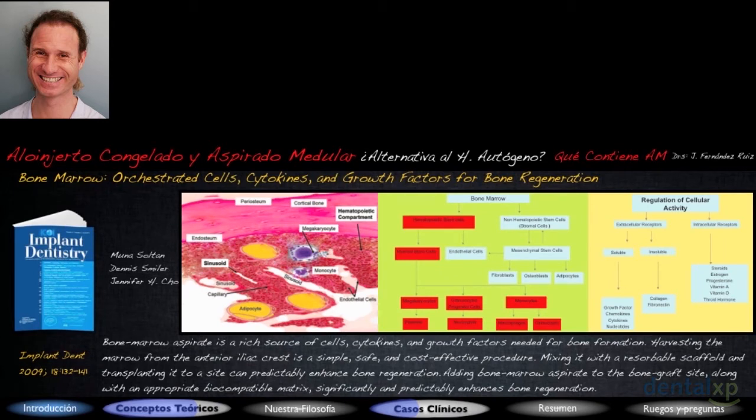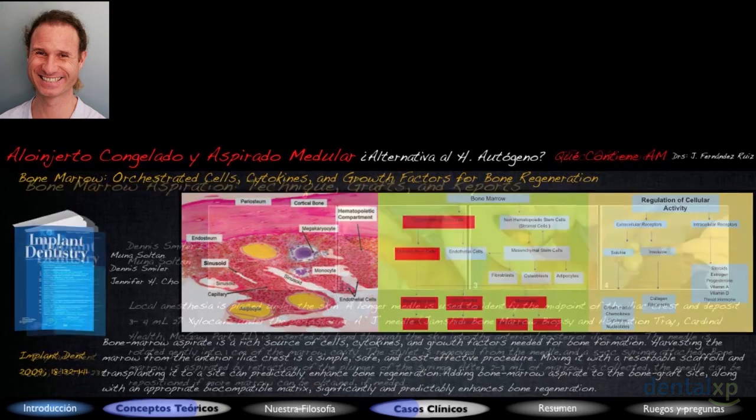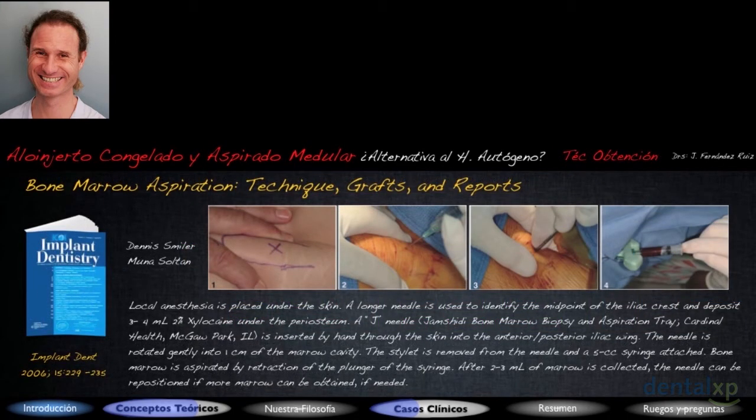They will take it from the anterior portion of the iliac crest, and they will take a portion of the bone marrow aspiration, 1 centimeter, and this is the material that we're looking for. This material has the multipotent stem cells that will aid in the regeneration process.